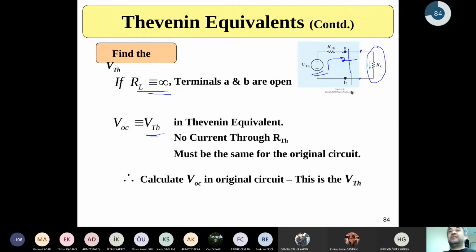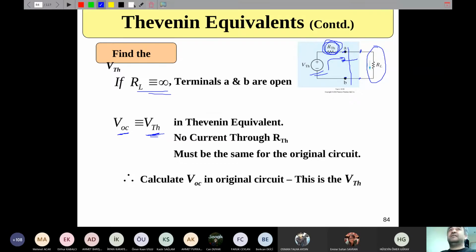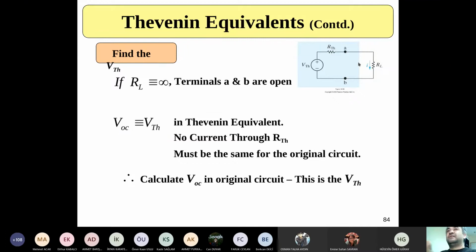How about the resistance value? From a practical perspective, calculating the open circuit voltage will give us the Thevenin voltage. But how about the current passing, or the resistive value, the RTH? For that, we use the other extreme.